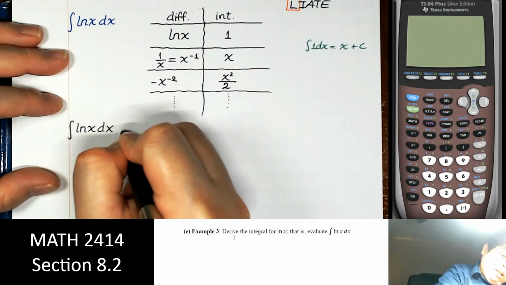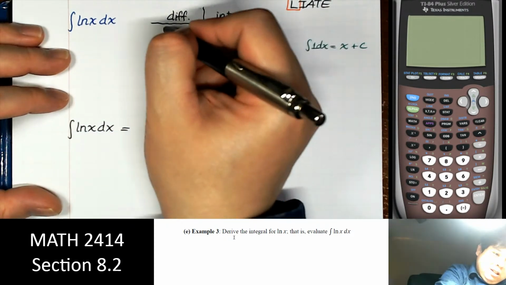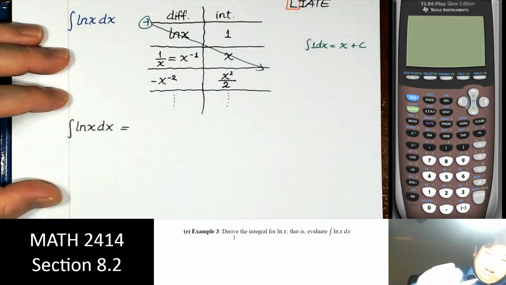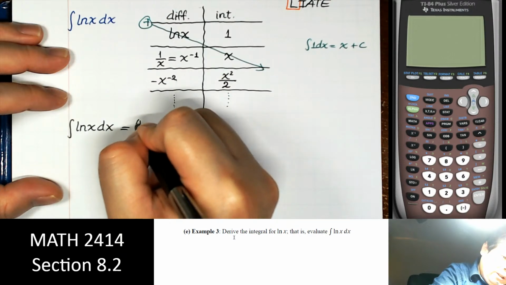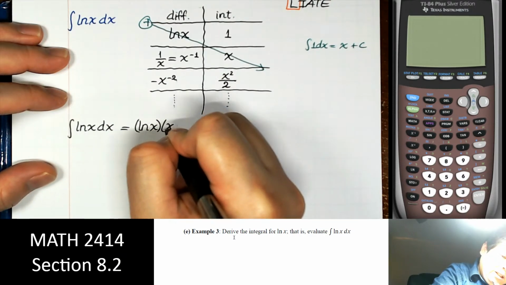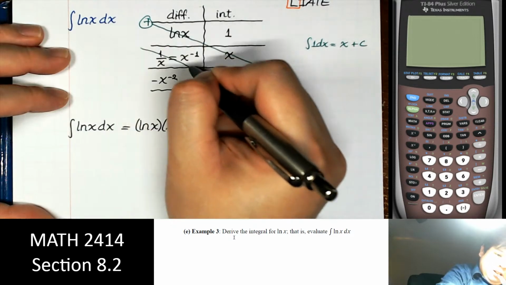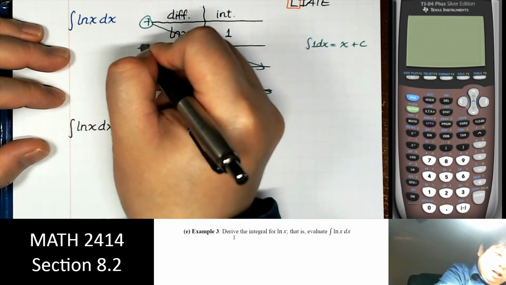So the integral of ln of x dx equals, let's just write out the first diagonal: positive ln of x times x. The next one is negative.